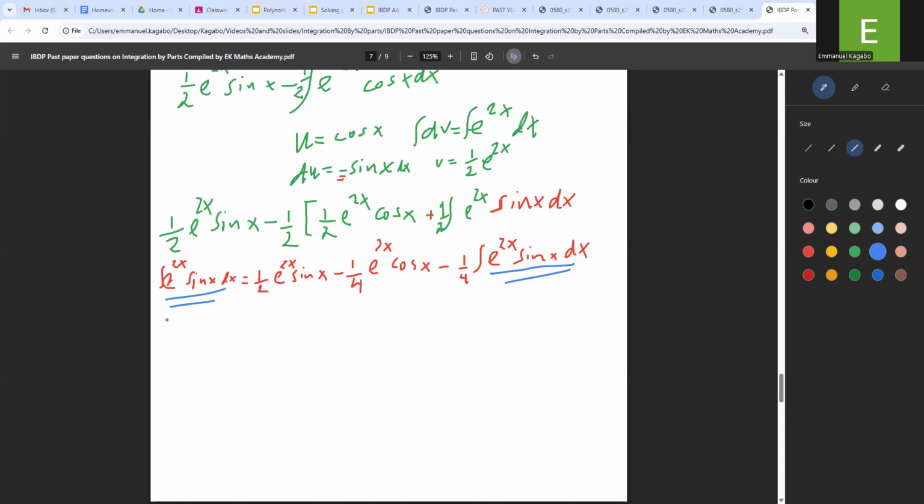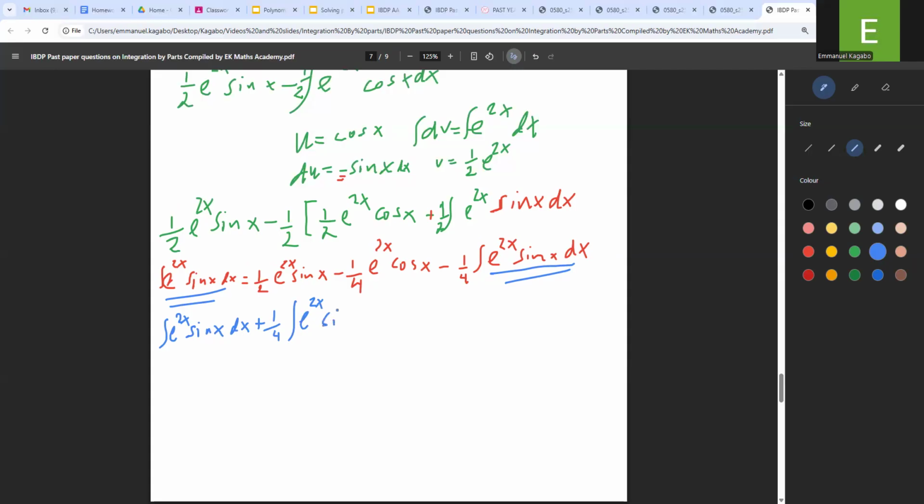Now, it's going to be integration of e power 2x sine x dx altogether here, guys, plus, because this is minus, plus 1 over 4 integration of e power 2x sine x dx, because they are the same, you can see.